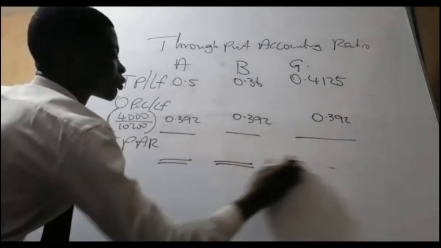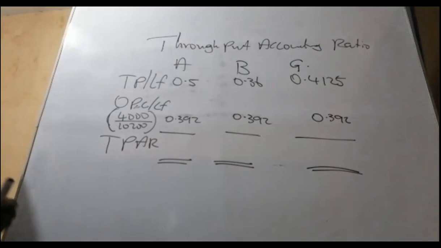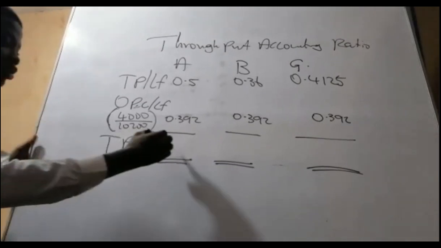Exactly. So you pick your calculator, then let's throw the answer. It will be 0.5 divided by 0.392, which gives us 1.28.